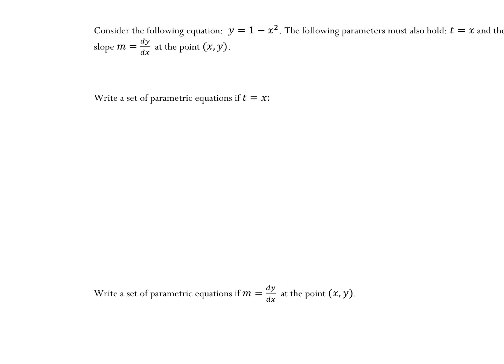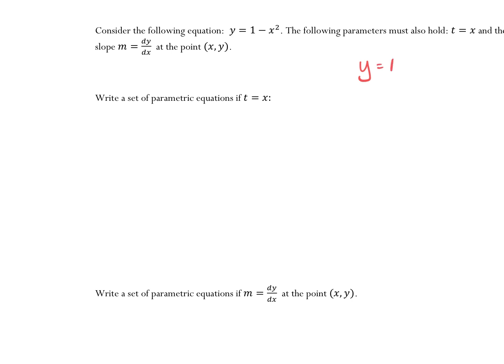All right, you guys. So the rectangular equation we're going to look at is y equals 1 minus x squared. We all kind of have a vision of what that equation looks like, yes? Okay, so first question.